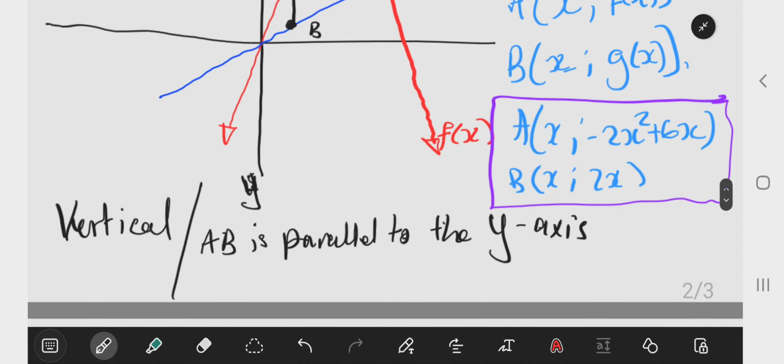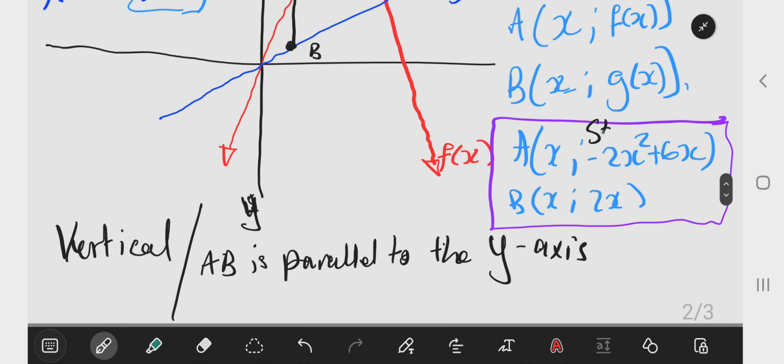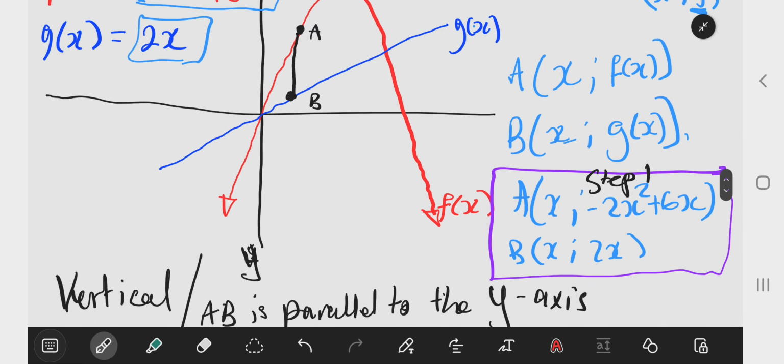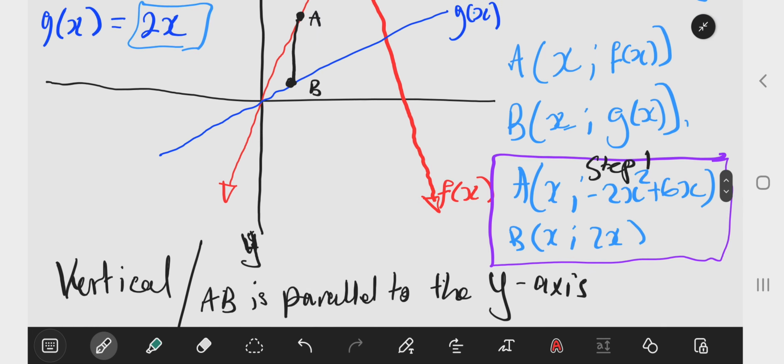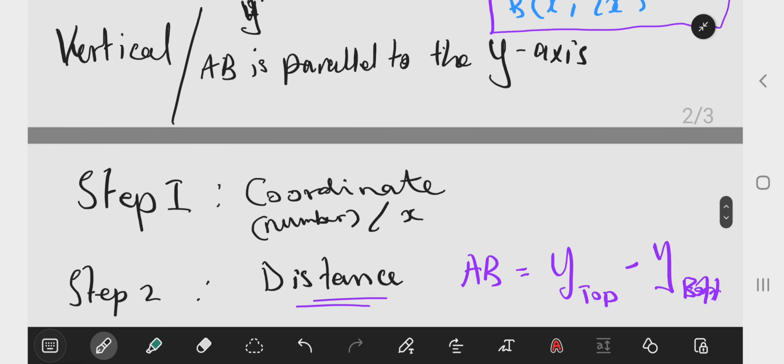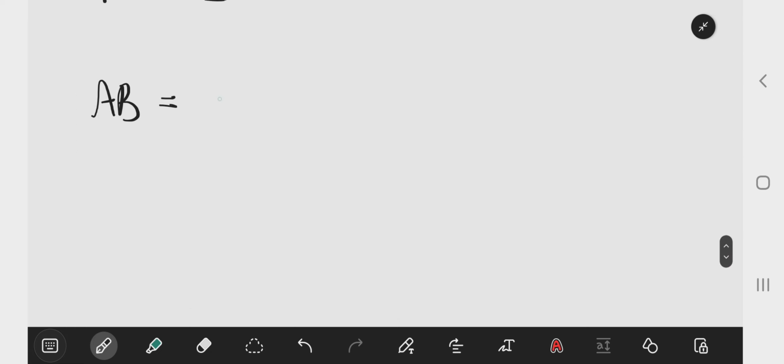This was step number 1 la phezulu. So step number 2, calculate the distance, y top minus y bottom. So it means A yilo i-point elingaphezulu, and y ka A minus 2x squared plus 6x.